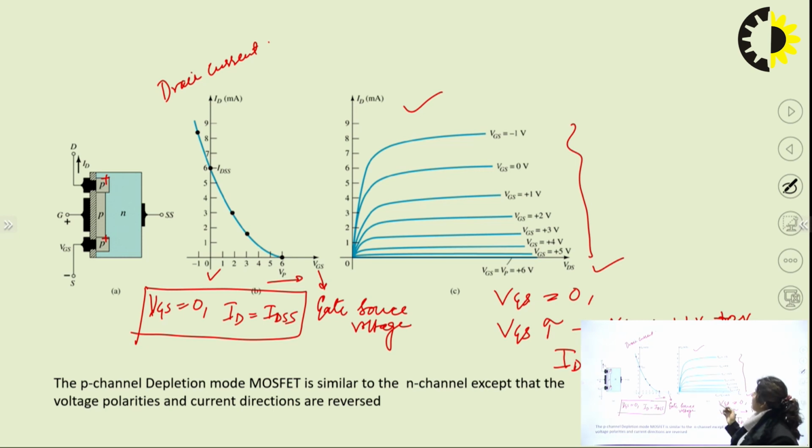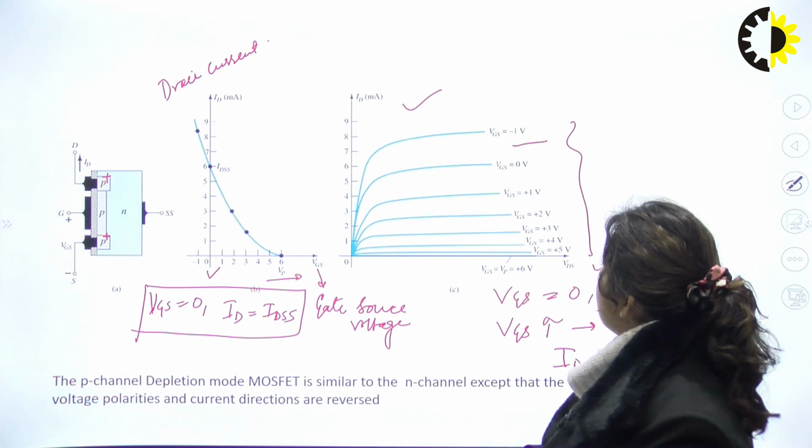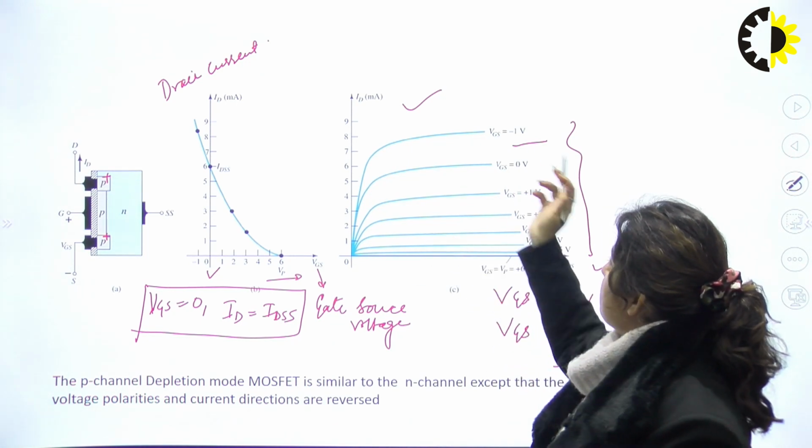Similarly, in the reverse direction, if you apply a negative voltage, the holes get attracted towards the negative voltage. Obviously the current keeps on increasing because the channel gets depleted of charge carriers. As you increase the negative voltage from VGS equal to minus 1 volt to minus 2 volt to minus 3 volt and so on, the current keeps on increasing.